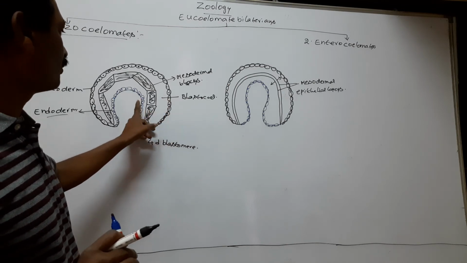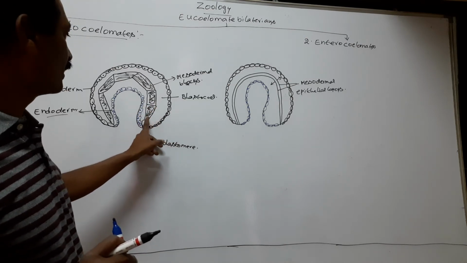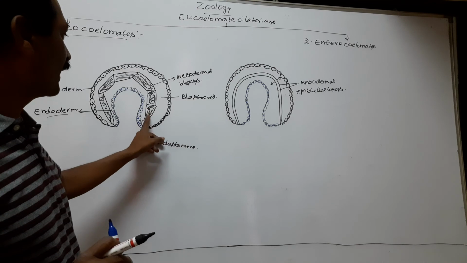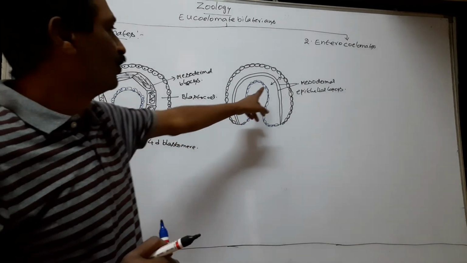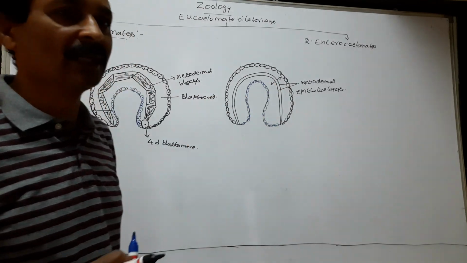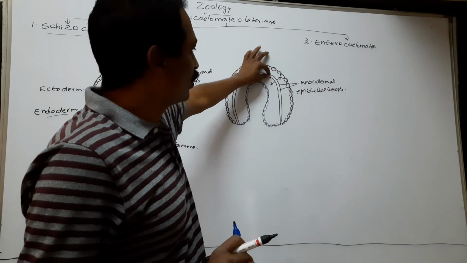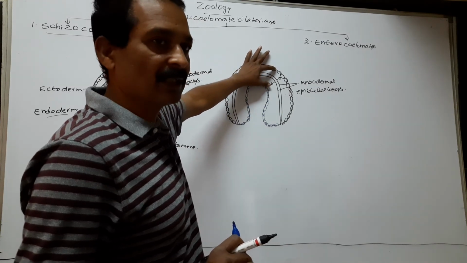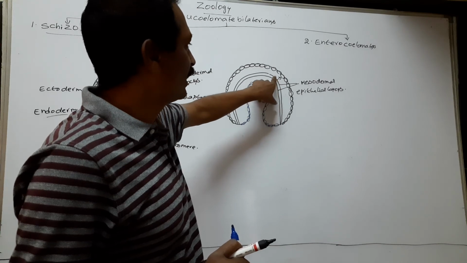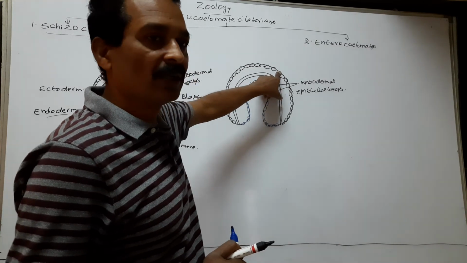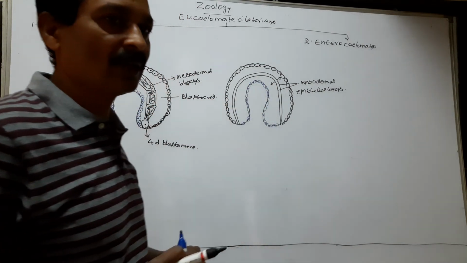So, the 4D blastomere at the junction of ectoderm and endoderm divides and produces mesodermal blocks between ectoderm and endoderm in the blastocele. Later, the mesodermal blocks split into two mesodermal epithelial layers, which move in opposite directions. The outer layer moves to ectoderm, the inner layer moves to endoderm.